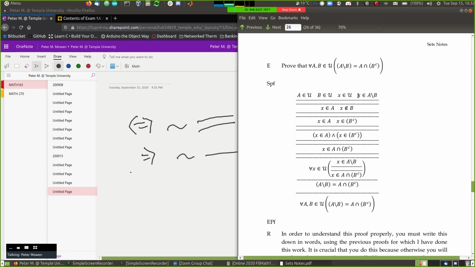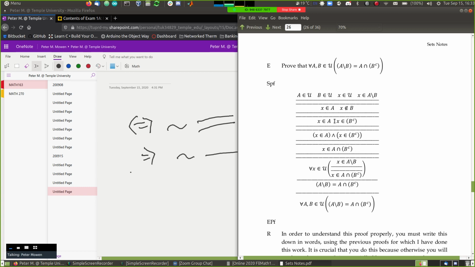And we note that X is a member of A without B. By definition, that means that X is in A, but X is not in B. So it follows that X is a member of A and X is also a member of B complement, because if X is not a member of B, by definition of complement, it means that X is a member of B complement.